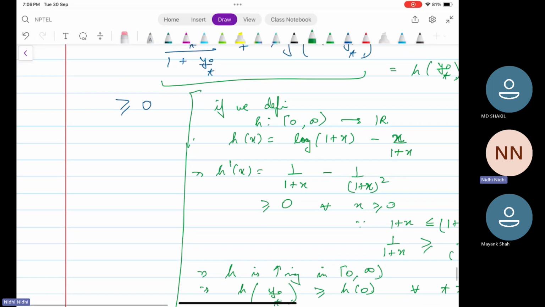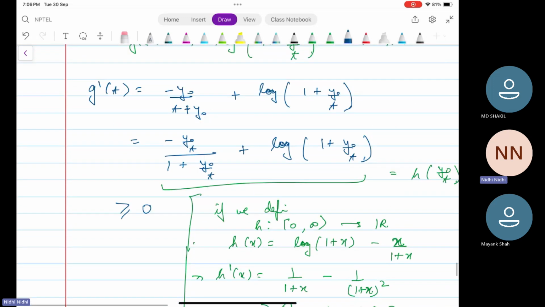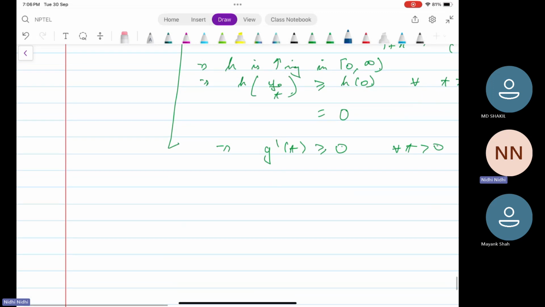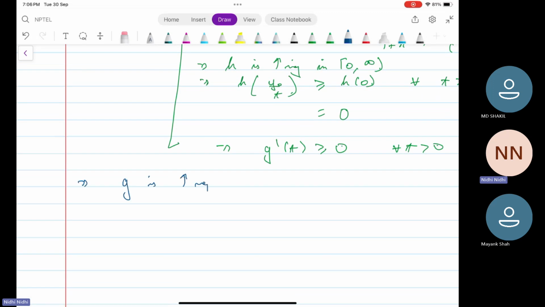So from here we got that g dash t is greater than or equal to 0. That means g is an increasing function. That means g of n plus 1 will always be greater than or equal to g of n.